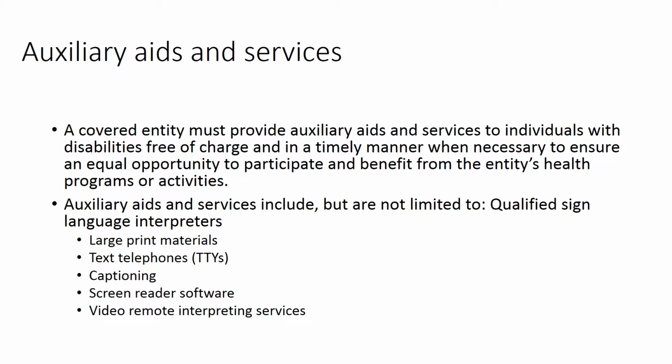Just like we talked about if somebody doesn't have English as their primary language, maybe somebody has a disability that requires an auxiliary aid. This could be a sign language interpreter, providing large print materials, maybe using a text telephone, using captioning. Maybe we have to get creative with how we talk to someone about their exercise program or show them their exercise program.